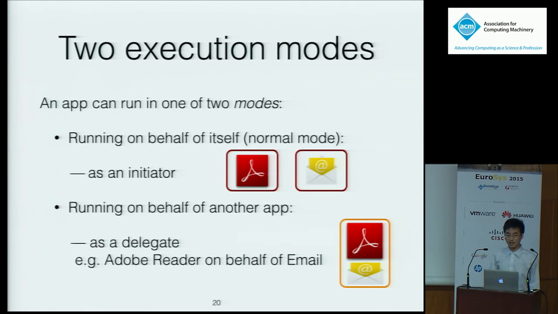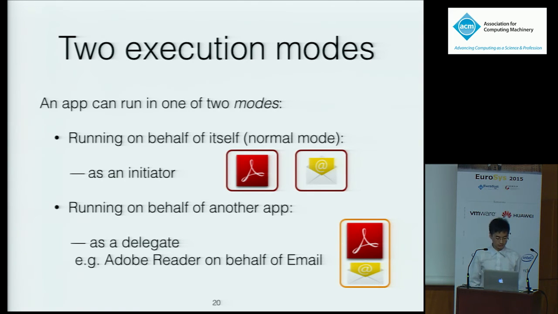In Maxoid, an app can run in one of two modes. The first mode is the normal mode, where we say it runs on behalf of itself. In this mode, it runs in exactly the same way as it would run in Android. And we say it is an initiator in this mode. In the second mode, we say it runs on behalf of another app, and it is called a delegate of the other app. And the other app is the initiator for this delegate.